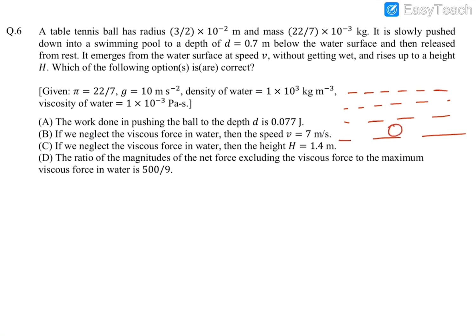So we shall draw the free body diagram of the ball. It is given that it is being slowly pushed, which means that net force acting on the ball is 0. If we release the ball, it goes in the upward direction, therefore buoyancy will be greater than mg, and the external force which we have to apply will be equal to buoyancy minus mg in the downward direction.